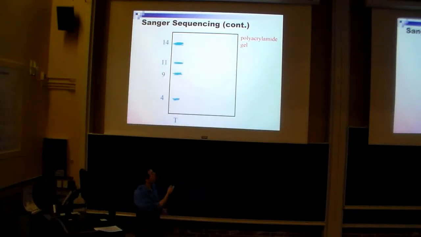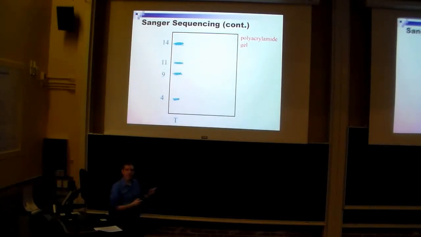In particular, if we use a polyacrylamide gel, which lets us sort sequences by their lengths, we can run out strands corresponding to each of these polymerized pieces and see everywhere the strand got stuck. And that's going to tell us exactly where there are T's in these stuck strands, which is going to tell us exactly where there were A's, reading 3' to 5' in the original strand. So we can read off where the A's were in the original strand.